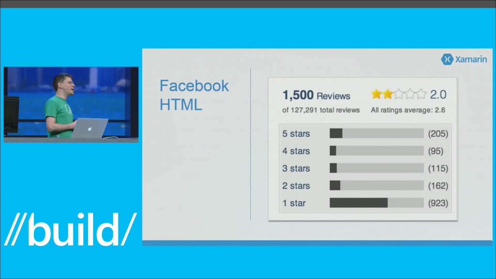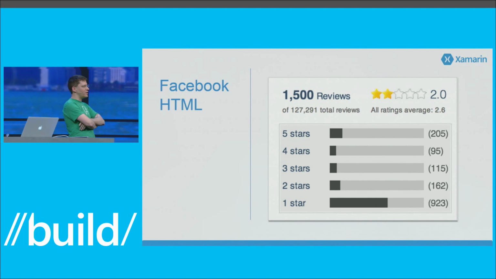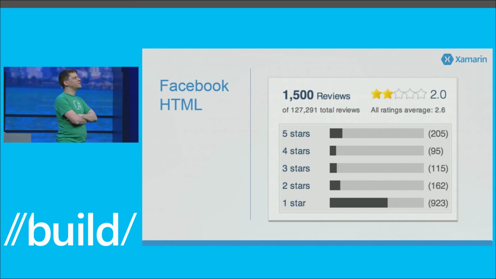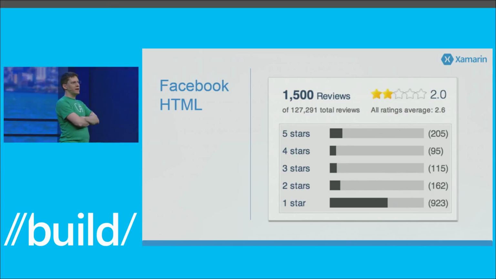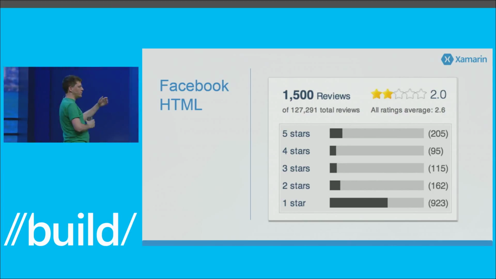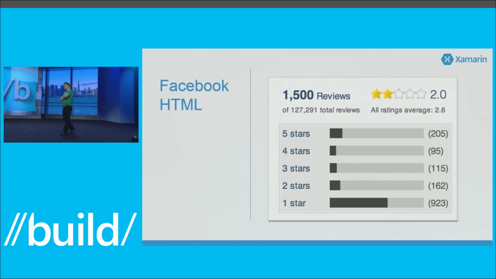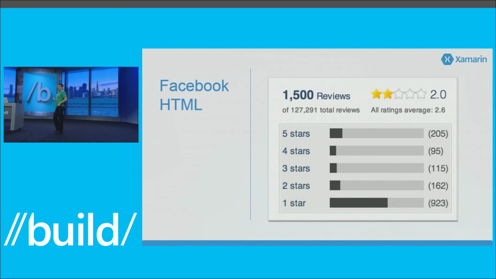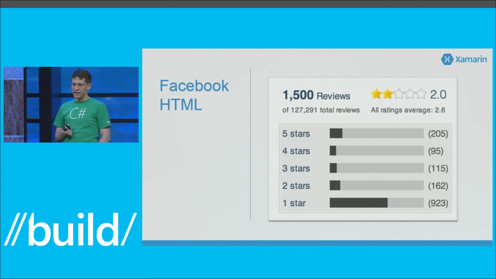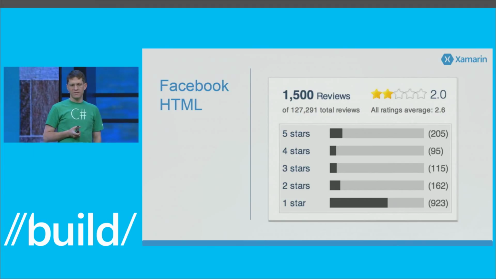I don't know if you guys remember, but Facebook a couple of years ago was a big proponent of using HTML for building mobile applications, and they went full speed ahead with their application. It used to be native, then they went to HTML, and this is what happened to the ratings of the application. It went very quickly to 1 stars. It was a terrible experience.